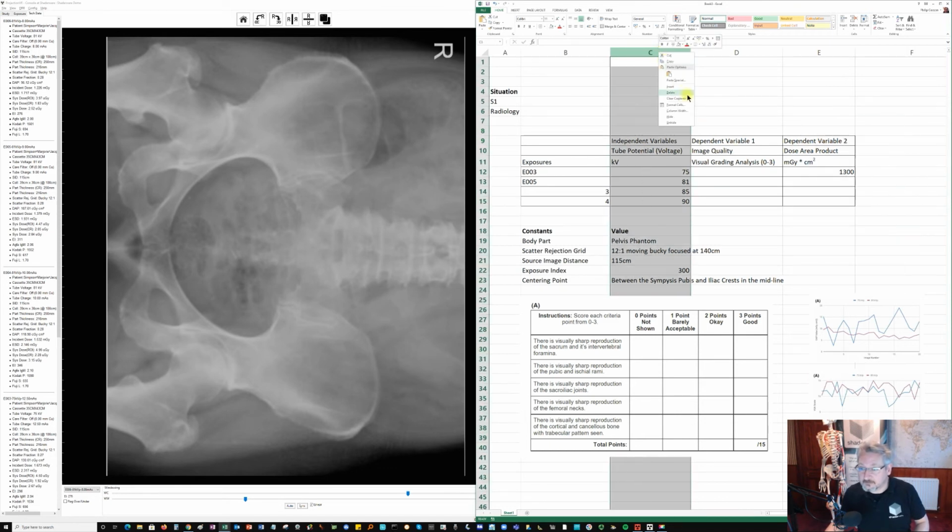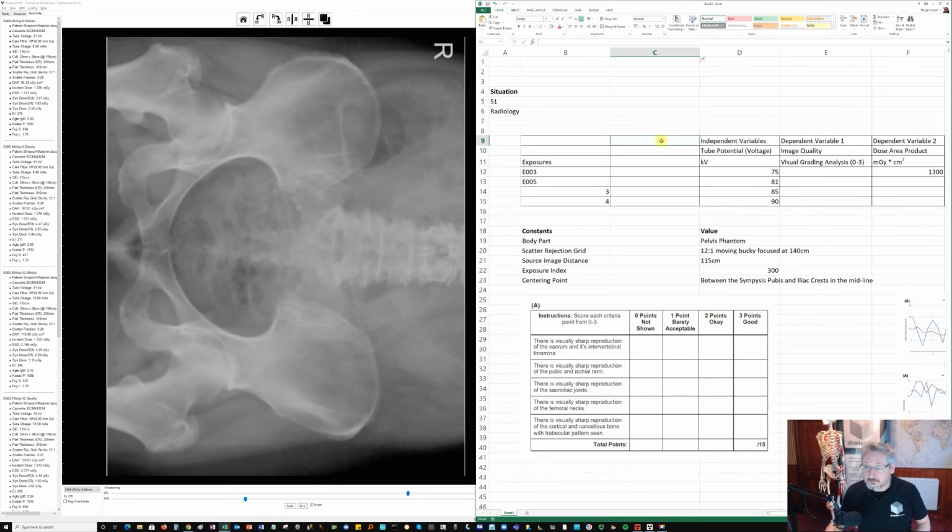Insert exposure index. It was 298 to start with, and this one is 311. So it's as close to a constant as we can make it. 81 kV, and the DAP was 951. Yep.